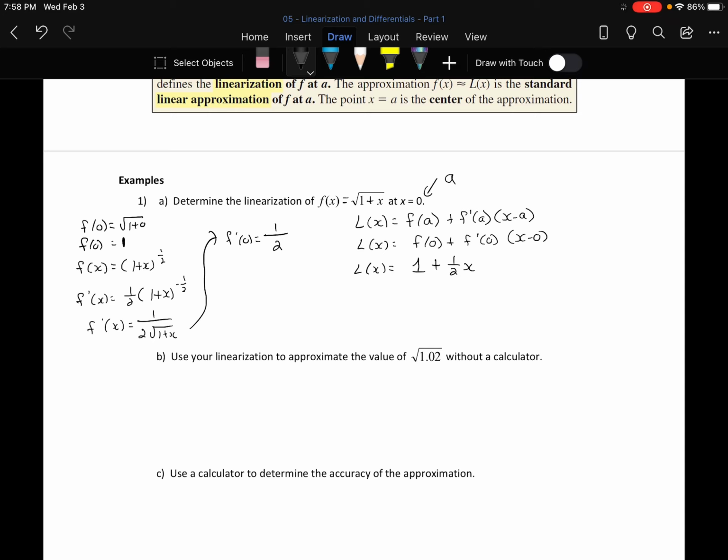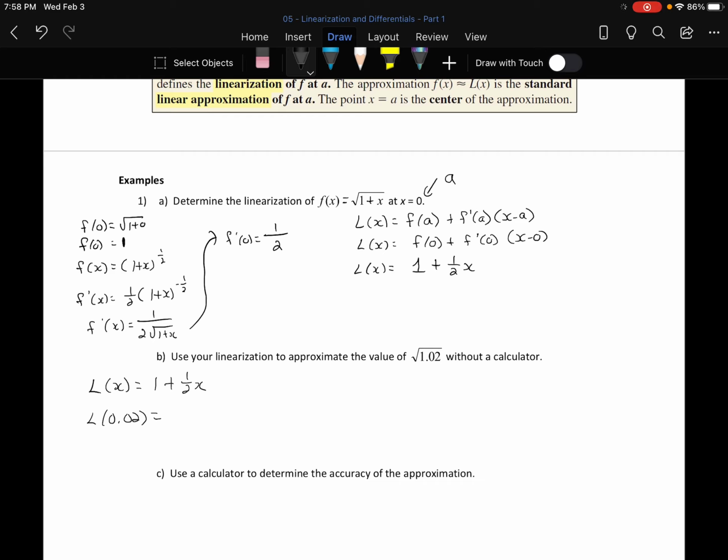To find this square root, we're going to use L at x equals 1 plus 1/2 x. And what are we doing? We want 1.02, so our x here is 0.02. An important little distinction there is that inside the brackets was 1 plus x. So the actual value I need to find the square root of is 1.02, and the x I need is 0.02.